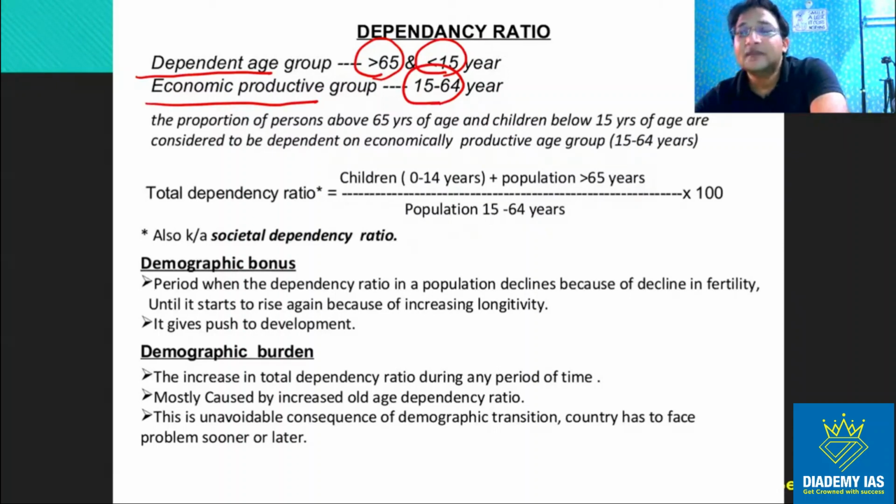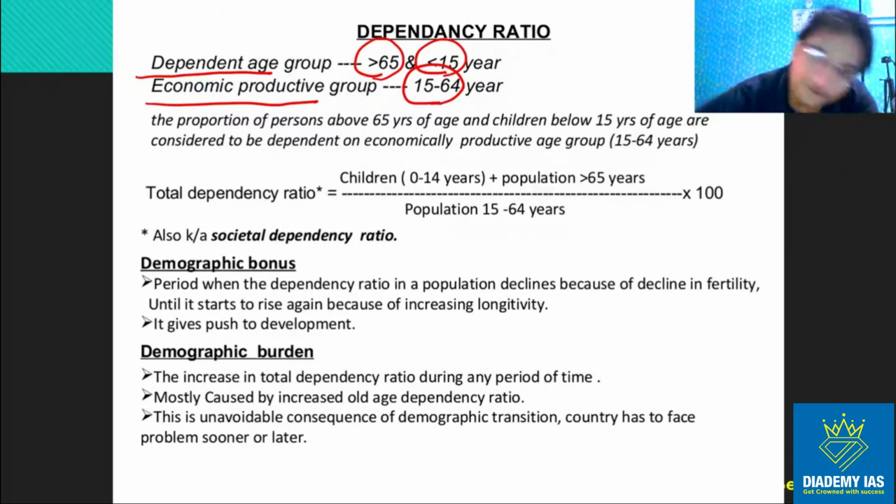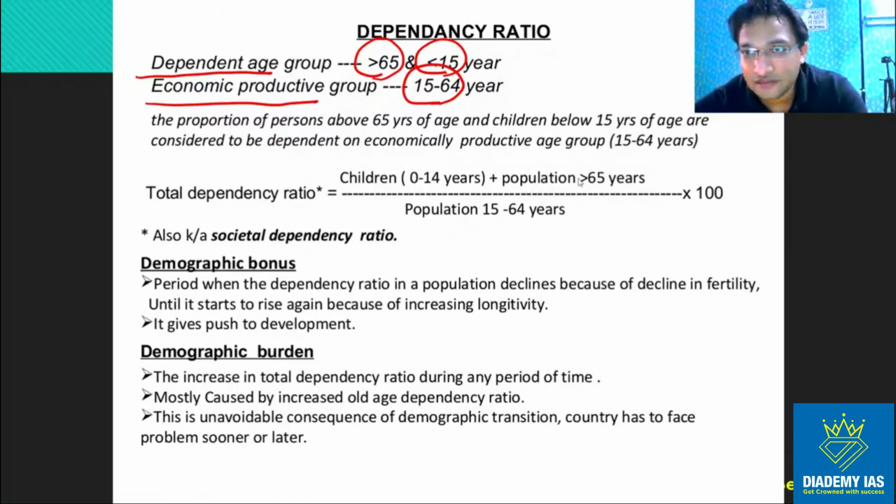In some cases it is also taken as between 15 to 59 years of age. But when data comes, data will tell clearly whether they are talking about 64 years of age or 59 years of age. But this 64 is the standard definition. Okay, do not worry. Great.